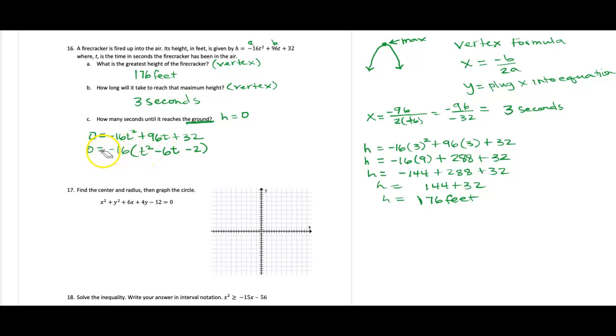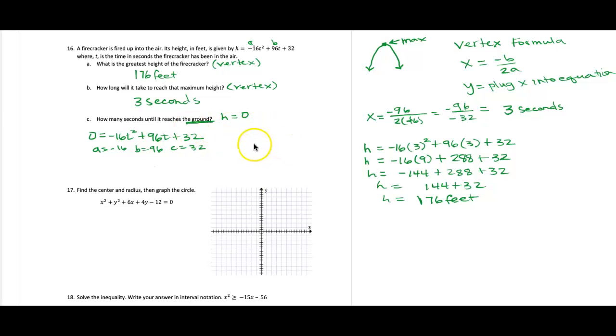So I always like to check and see if it does factor, because if it does, then that's a lot faster way to do it, but it won't. So I'm just going to get rid of that. It won't factor, so let's just use the numbers as they were before. So A equals negative 16, B equals 96, and C equals 32.